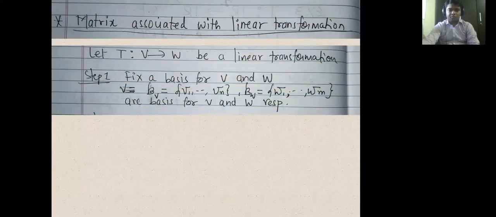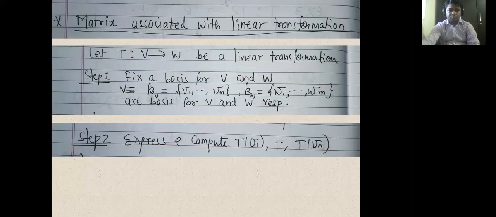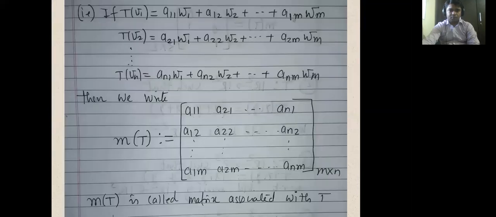These are our steps, and this MT is called the matrix associated with T. This is what we studied in the previous lecture.